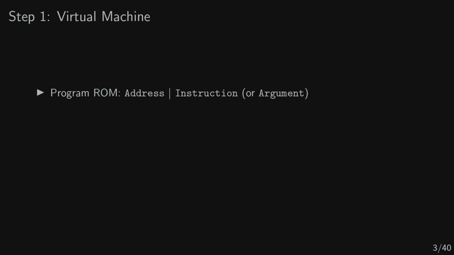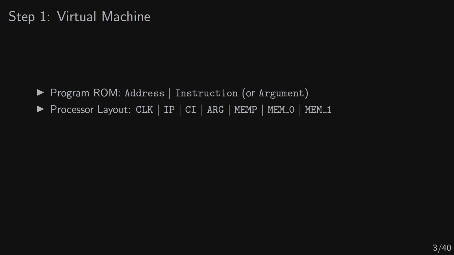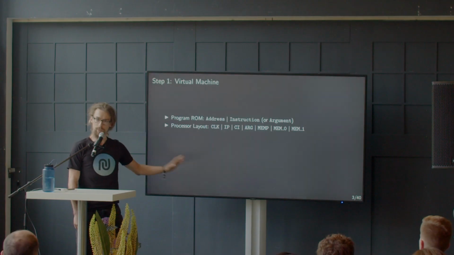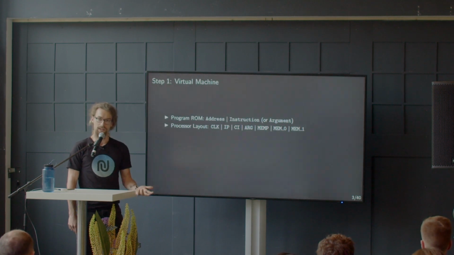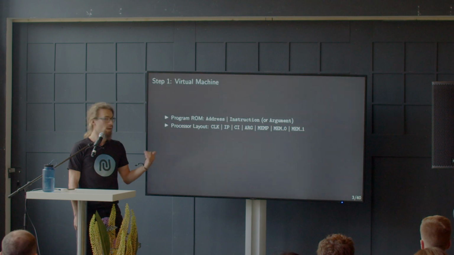Then the next thing we have is a processor that is actually performing the computation. And this right here is the processor design that my first ZK-VM uses. These are all the registers we have available. There's one that counts the number of cycles that have already happened, clock.